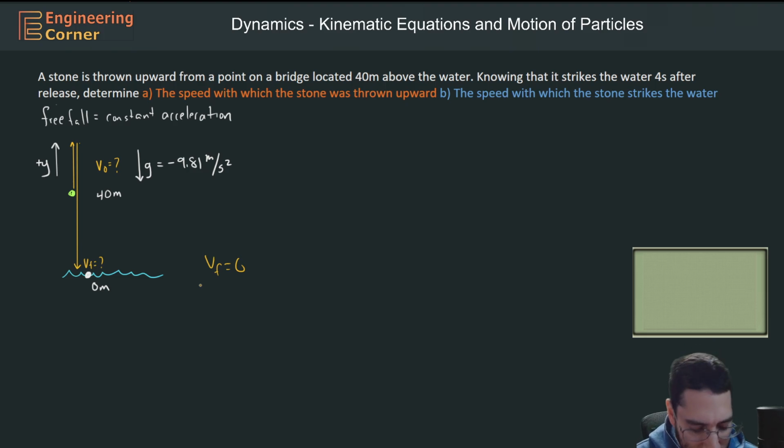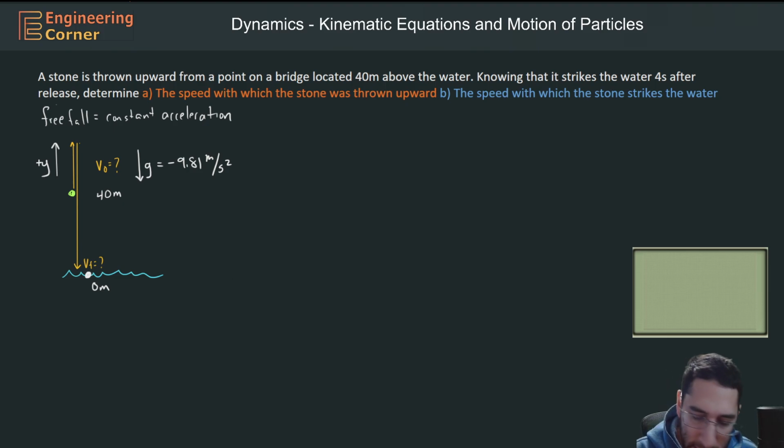We're saying that this is going to be the velocity the instantaneous millisecond before it hits the water. Yes, if we extend the time, we know it's 4 seconds, into 6, 7, 8 seconds, yeah, its velocity is eventually going to stop. But at 4 seconds, it's right before it hits the water. The millisecond before it hits the water, what is its velocity?